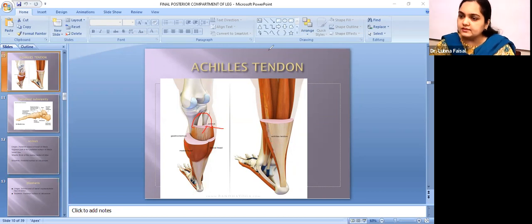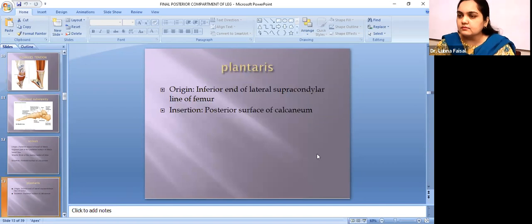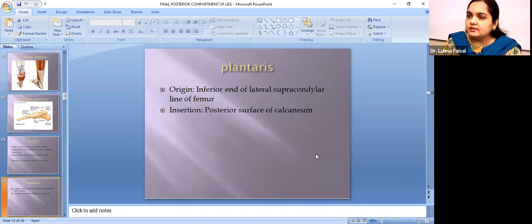Now one muscle is left in the superficial subcompartment, that is the plantaris. Plantaris is long, thin, and cylinder-like, and in many cases during surgical procedures it can be mistaken for a nerve.